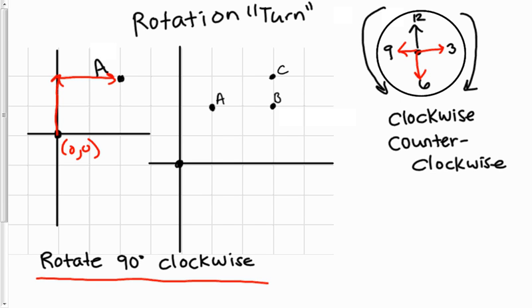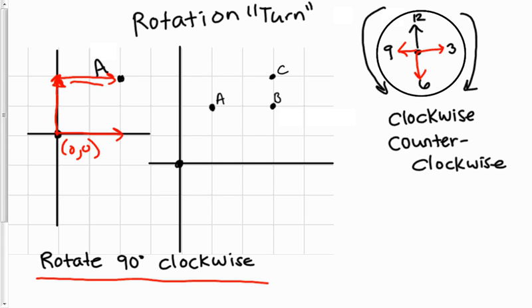So to rotate it, I'm going to imagine that this hand right here is pointing towards 12 o'clock. Well, if I'm wanting to do a 90-degree clockwise rotation, my arrow is going to be pointing towards 3 o'clock, but it's going to be 2 units away from the point of rotation. So it's going to look like that. That's my new arrow that's pointing towards 12 o'clock. This arrow right here is pointing towards 3 o'clock.